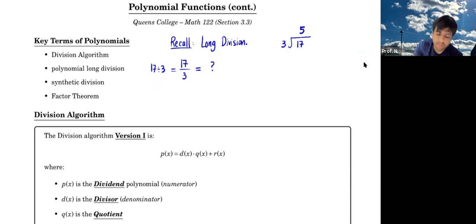And then what's the next step? We do 5 times 3 and we get 15. Subtract, right? And when we subtract, 17 minus 15 is what? 2. And then what do we say about 2? 2 is called the remainder, correct?